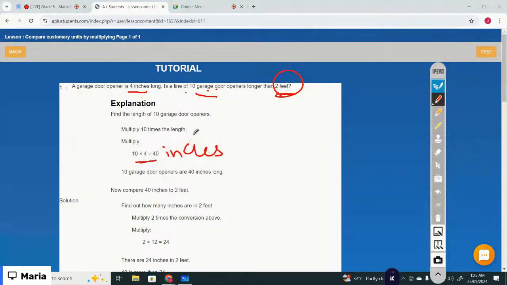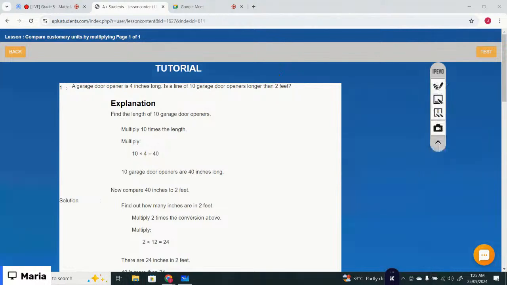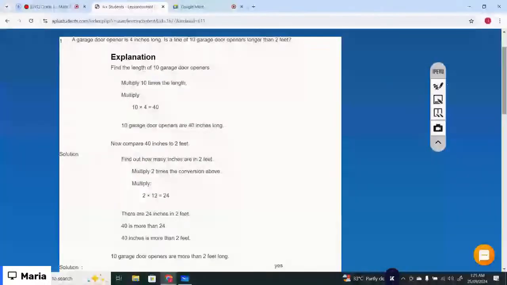First thing you need to do is convert from feet to inches, right? 1 foot equals 12 inches. So convert these 2 feet to inches.